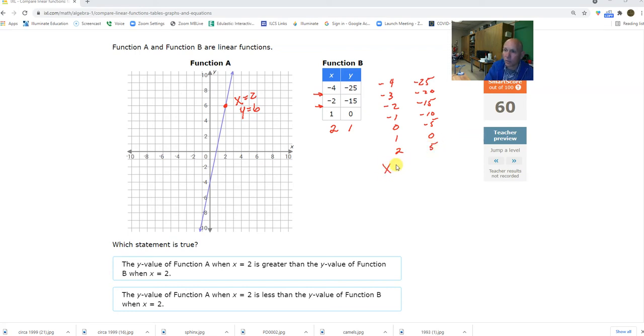So when x equals 2, y equals 5. When x is 2, y equals 6. So A is the bigger one in this.